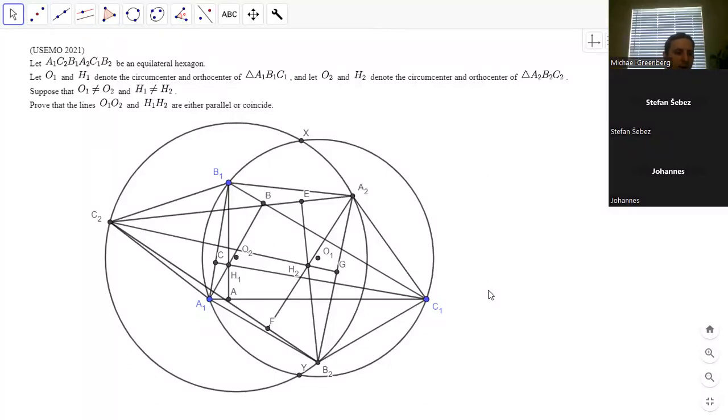So we have a line. I feel like there's a lot of lemmas about having two different orthocenters and two different triangles, right? I just don't remember them.